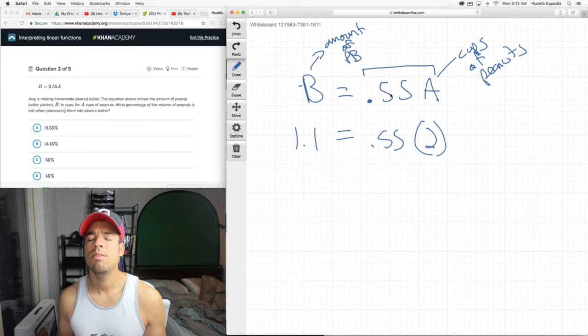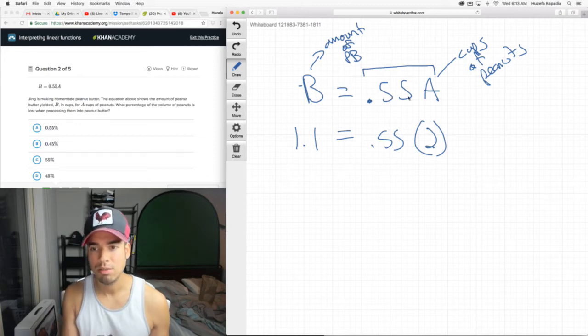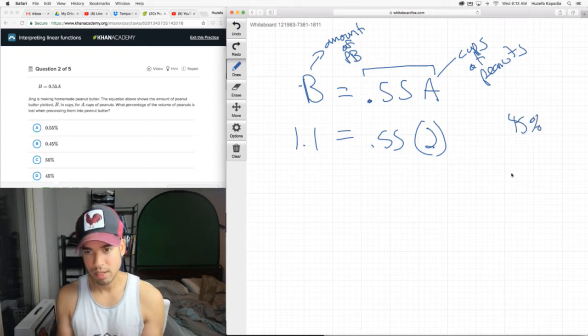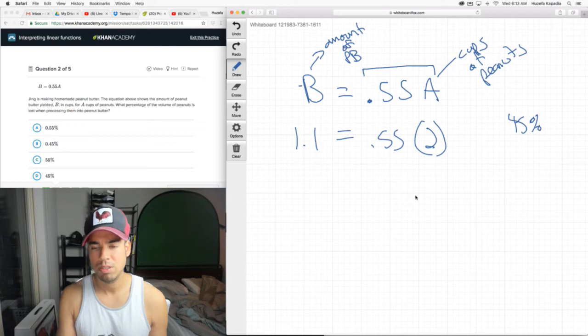So 55% of this amount is going in here, which means what's lost is 45%. If you're not totally confident recognizing that a decimal is equivalent to a percentage, you could also do one quick example: out of 2 pounds, we lost 0.9.